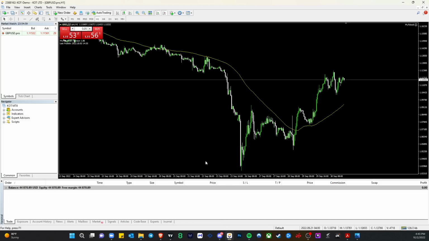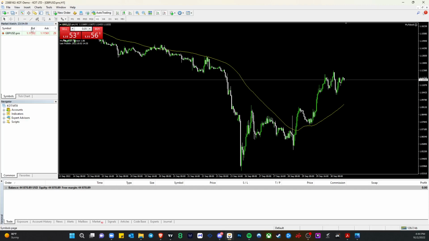For example, this is one of my demo accounts, and this is for KOT, right? On KOT Forex, this is what MT4 desktop will look like when you download it from their website. So this is your sell and buy buttons, when you have to trade and stuff like that.